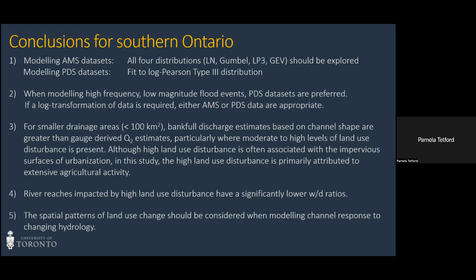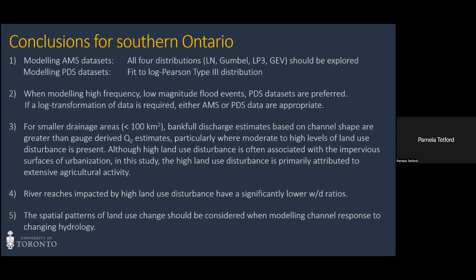And this is happening particularly where there's moderate to high levels of land use disturbance present, which is interesting because in Southern Ontario as a whole, agriculture creates a lot of the disturbance, and generally we think of high disturbance being caused by urbanization, whereas Ontario's urbanization is clustered and not impacting a large area.